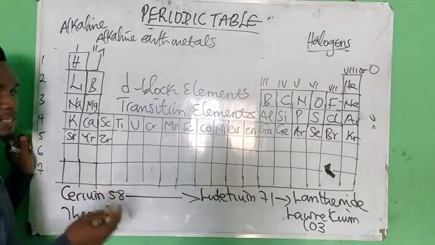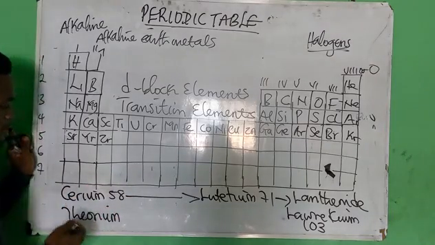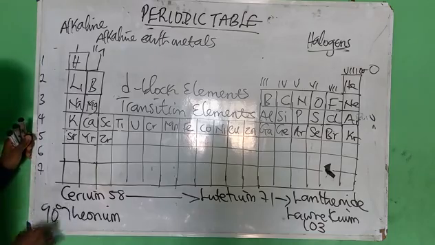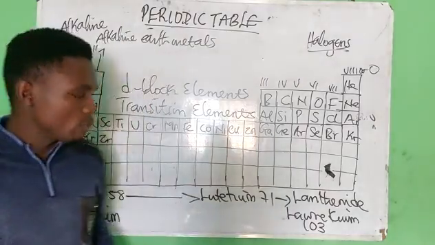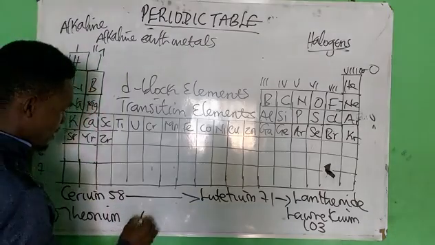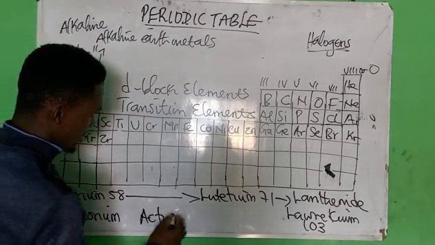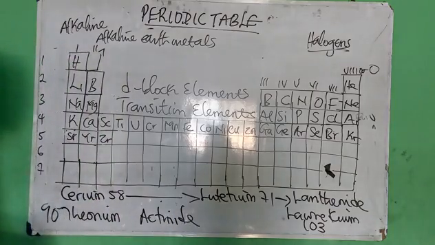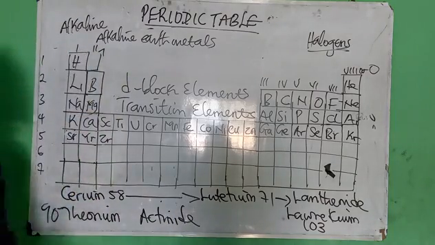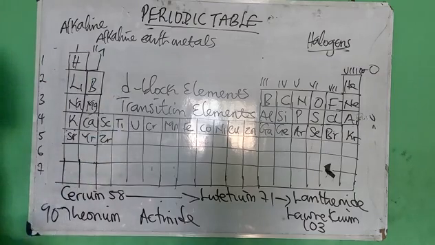Lanthanoid series or lanthanide elements. But elements from thorium, which is 90, to lawrencium, you call them what? Actinide. All right, actinide. So please take note of that. That is all I just have to show you.